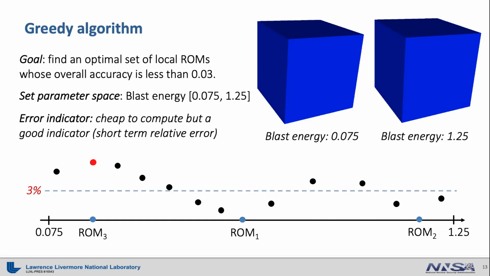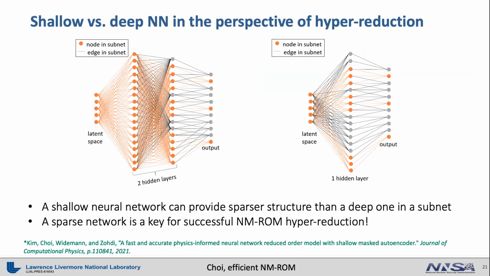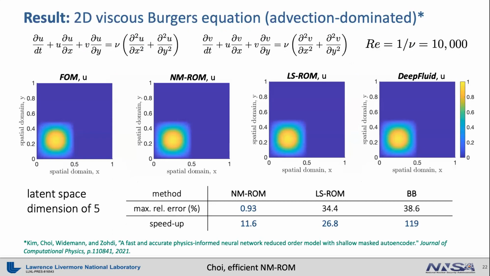A last question about the nonlinear ROM. Does your mask depend on the value of the parameter, in the case of the blast simulation, for instance? Yeah, I do believe so. The problem we have applied the nonlinear manifold reduced model to is the 2D Burgers equations with shock propagations.